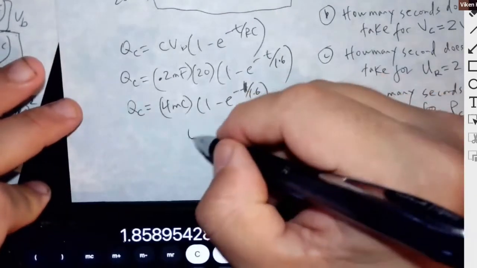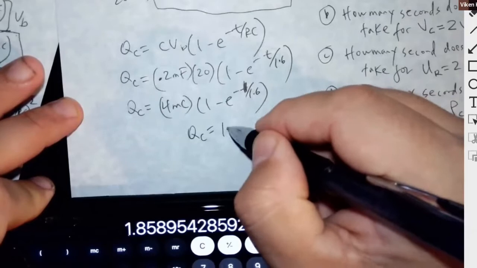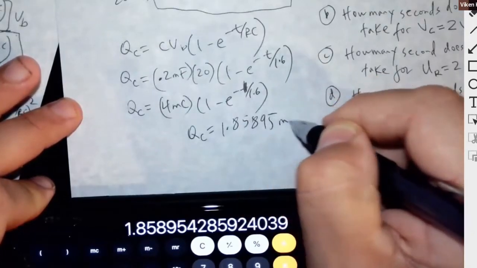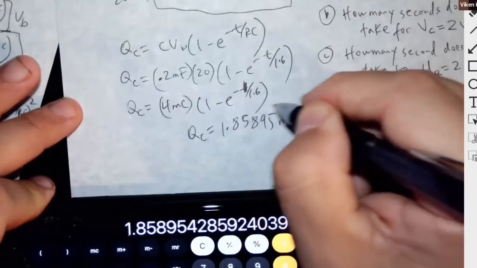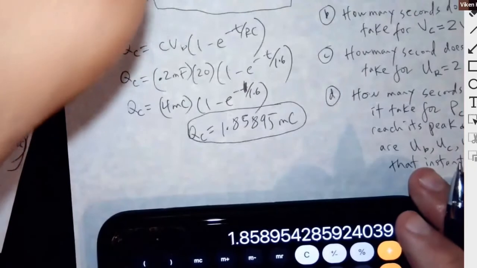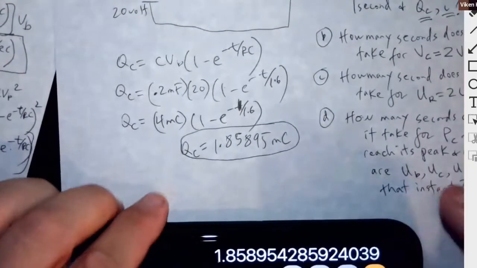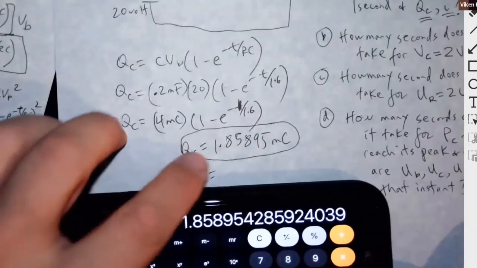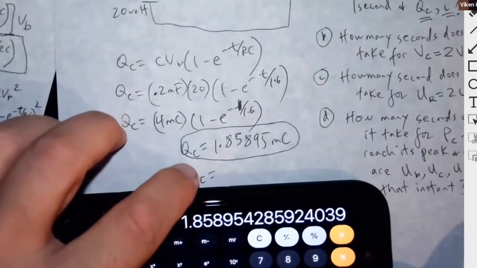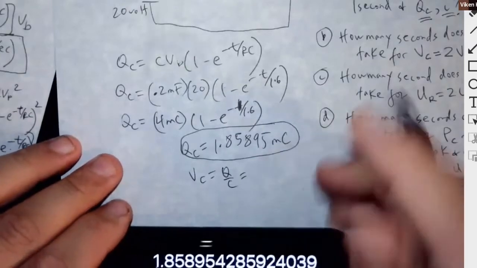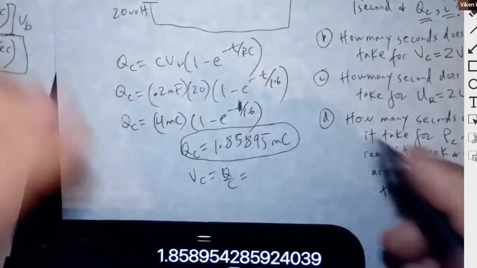Okay, so the charge is going to be 1.85895 millicoulombs at 1 second. And then the voltage of the capacitor is going to be the charge divided by the capacitance, right? So Q over C. What was my C? 0.2.